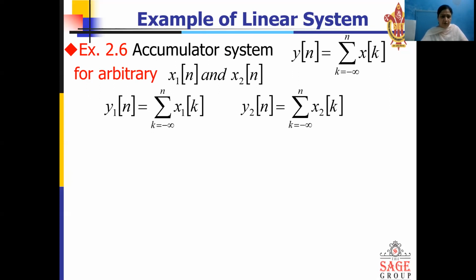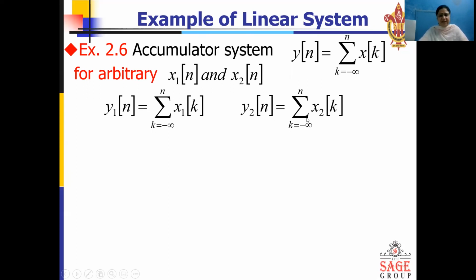First, I will check it for two inputs x1[n] and x2[n]. Corresponding to input x1[n], the output is y1[n], and y2[n] is the output corresponding to input x2[n]. According to the accumulator system, y1[n] is given by the summation from k equal to minus infinity to n of x1[k].